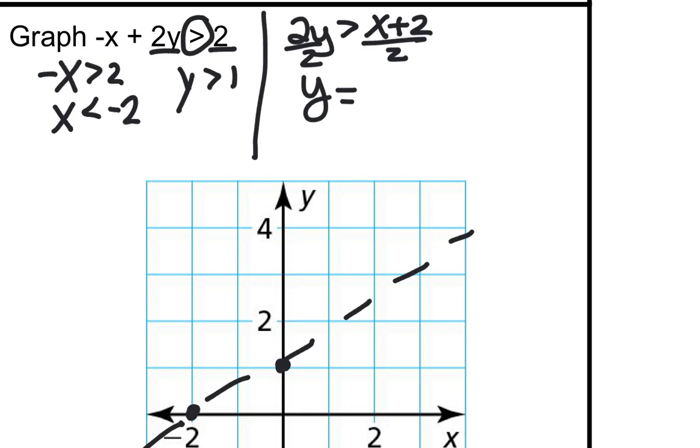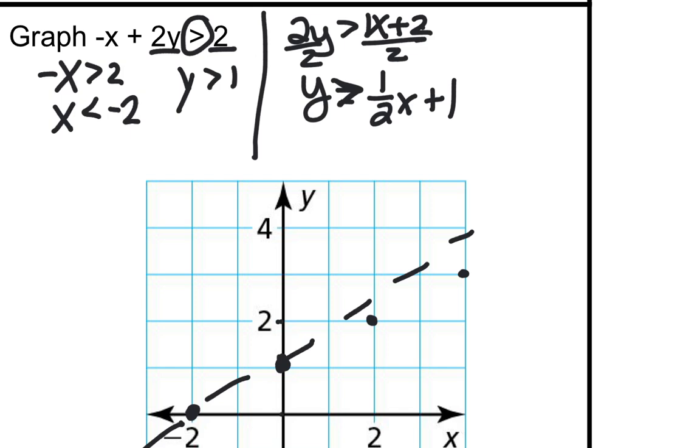So y, almost put an equal sign. This is 1x, right? So y is greater than 1/2 x, because 1 divided by 2 is 1/2, and 2 divided by 2 is 1. So our y-intercept was 1, go up 1, to the right 2. Okay, so see, and we go down 1 to the left 2.